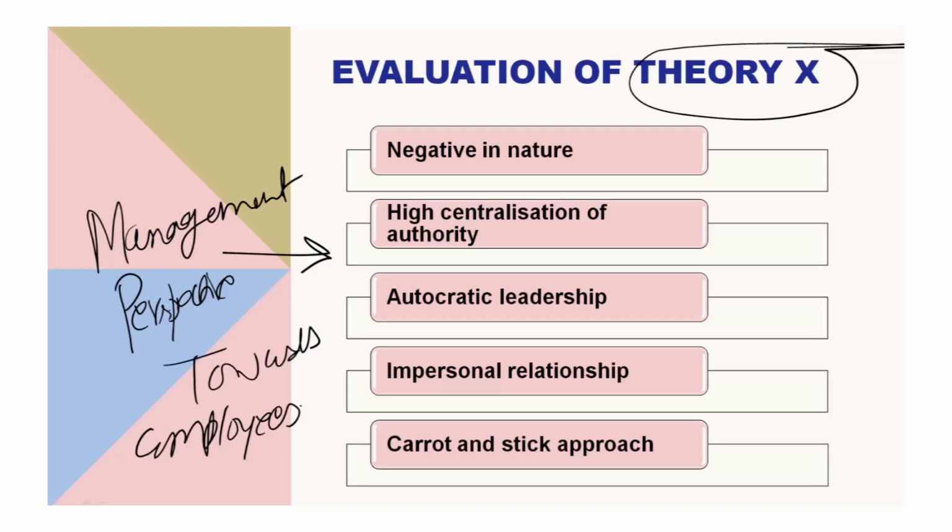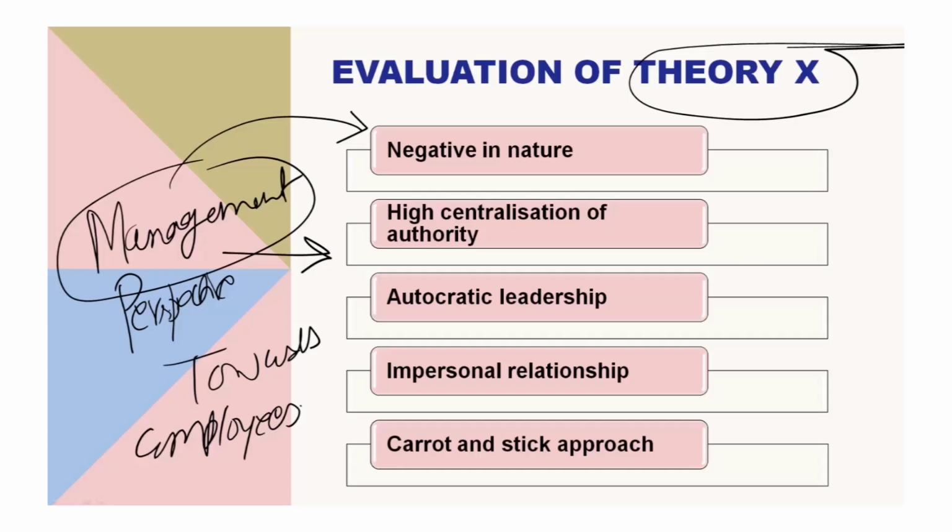So this shows a negative approach, or better to say the traditional approach, the old concept of management towards the employee. So the very first outcome we can derive from Theory X is that it is negative in nature.